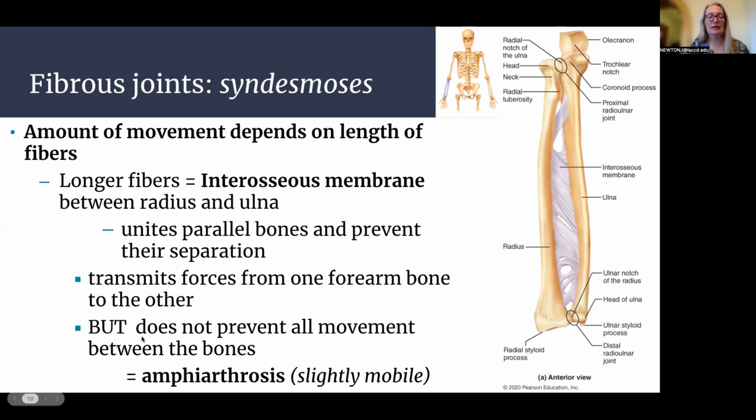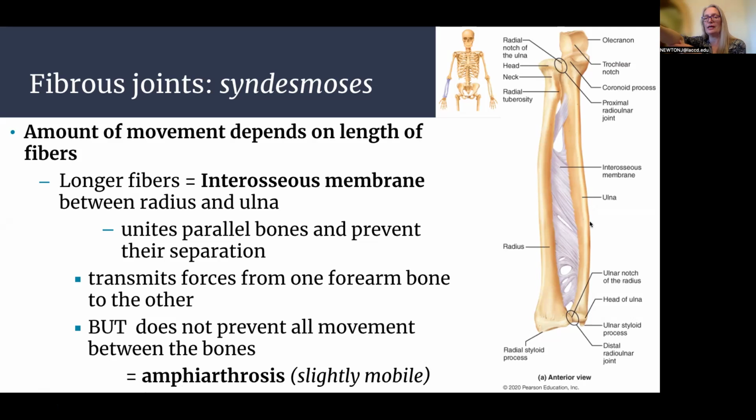You'll notice that it does not prevent all movement between the bones because these are quite long fibers. So this kind of joint is considered an amphiarthrosis. That means slightly mobile. And we'll see when we look at the muscular system in the coming weeks that these two bones here actually turn over each other.